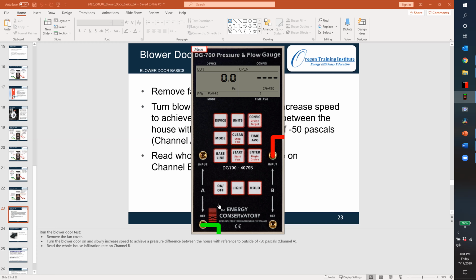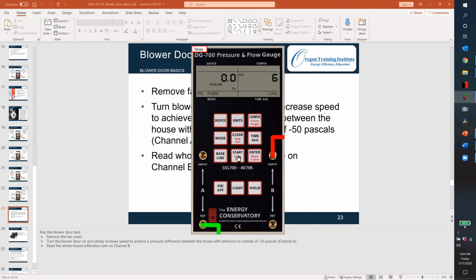So to measure the baseline pressure, we're going to press the baseline mode. Now the manometer is going to say baseline, meaning it's ready to measure it. We're going to start the measurement by pressing the start button. And that's going to start recording the baseline for as long as we run it.